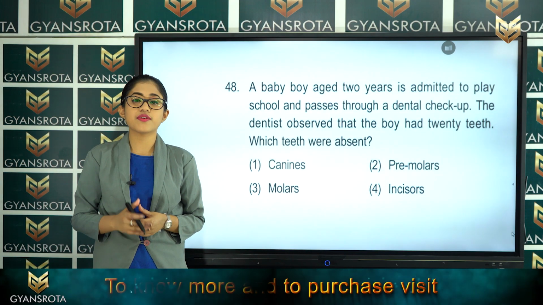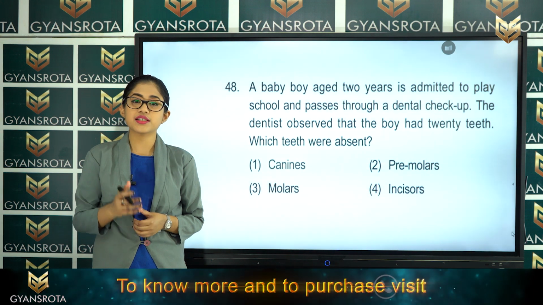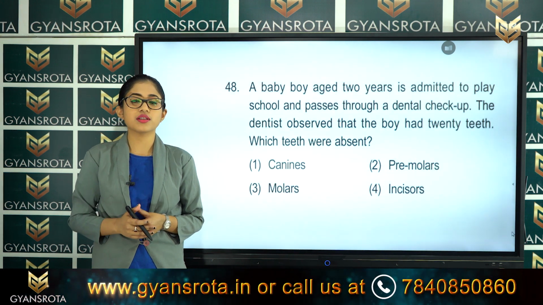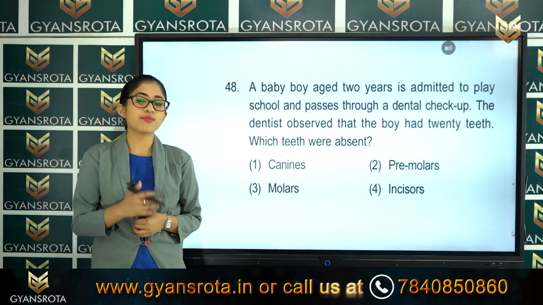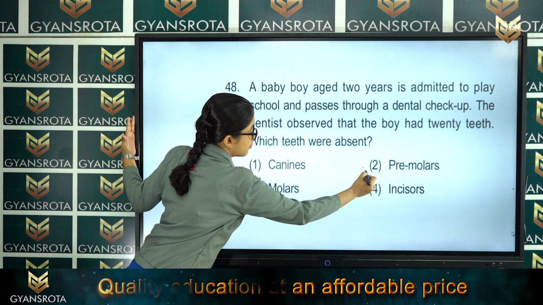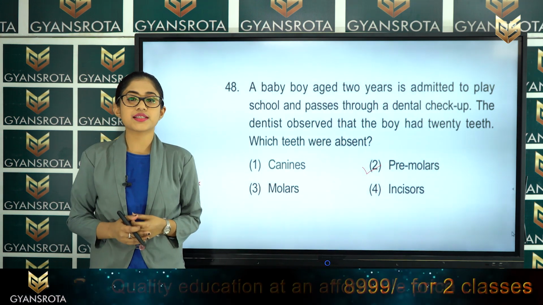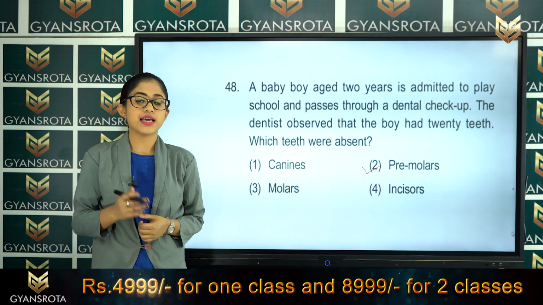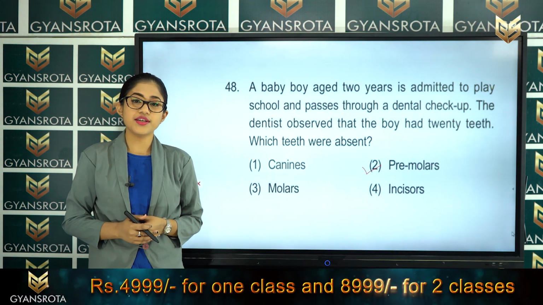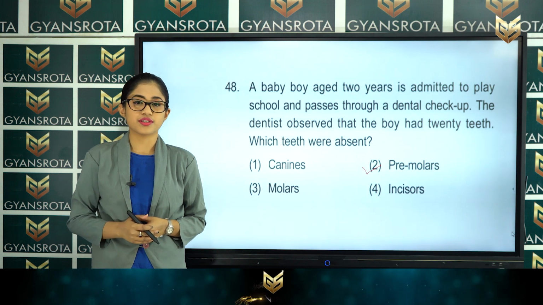This is also a very easy question and it has come from the chapter digestion and absorption. We have all the different types of teeth. Which among them will be the correct answer? That is option number 2, premolars, which means that premolars are absent in children of age 2 or less than that. Now let's see the next question.